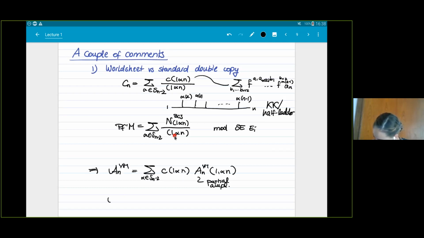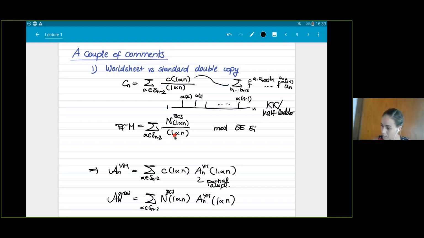Whereas for gravity, the Pfaffian guarantees, if you push this through and just pull out everything that doesn't depend on any worldsheet punctures, that you will find this relation with the same partial amplitudes here, and that is just the defining relation, if you want, for the BCJ numerators here.